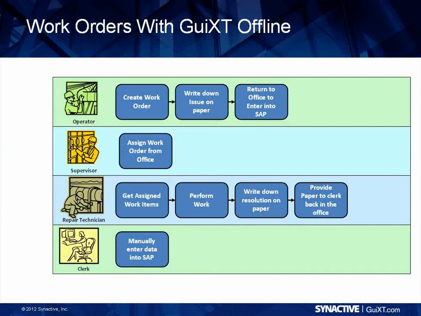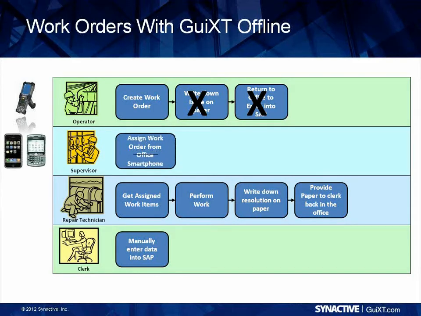So in this case, the first step here, an operator with a Windows mobile device can fill in the appropriate information to initiate the work order process, capturing the data on the spot, right on the job, and actually saved on the device. And once he's back in a connected area, he uploads the data to SAP, and the supervisor can get immediate notification directly on a smartphone that a work order needs to be assigned.